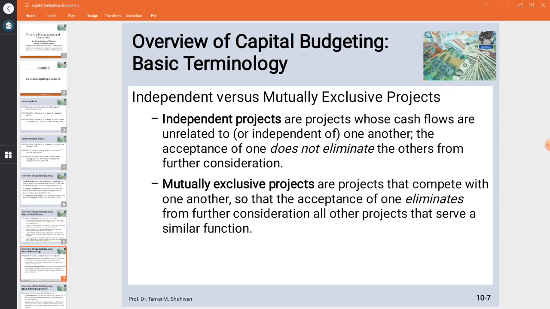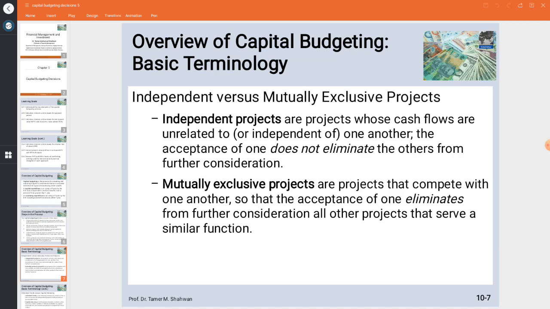However, certain projects can be considered mutually exclusive projects. What are mutually exclusive projects? Those are projects that compete with one another, which means that the acceptance of one project will eliminate from further consideration the other projects that serve a similar function.